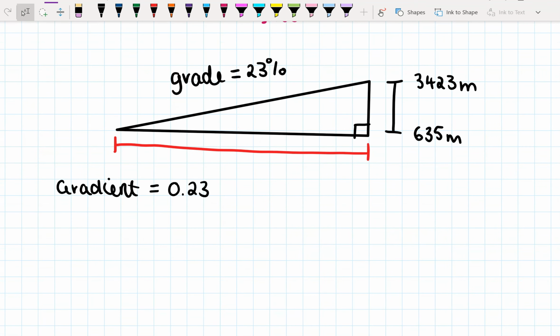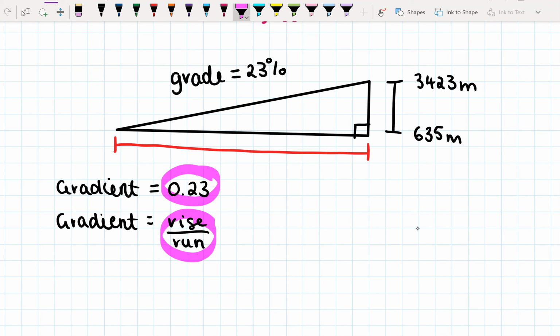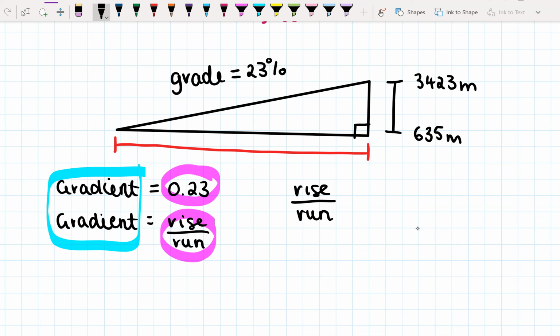Now again, we know the gradient is equal to rise over run. Both of these things, both 0.23 and the rise over the run, are equal to the gradient. So that means they're equal to each other. So we know that the rise over the run is equal to 0.23.